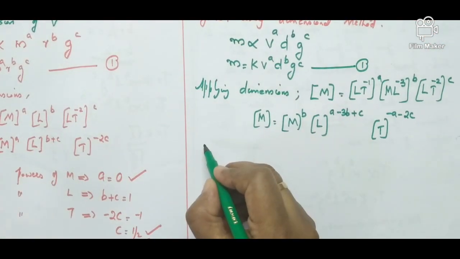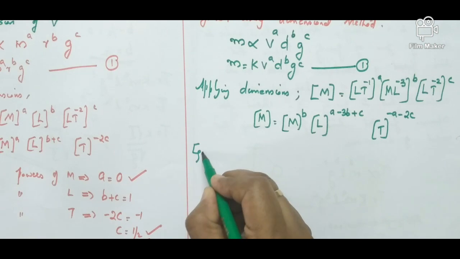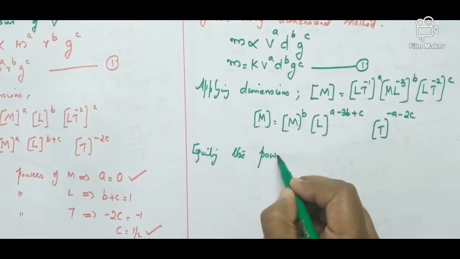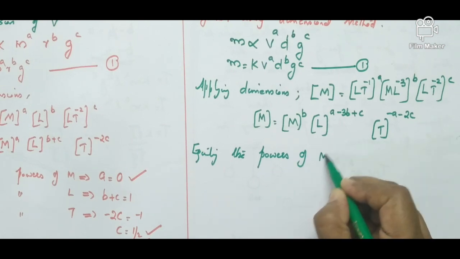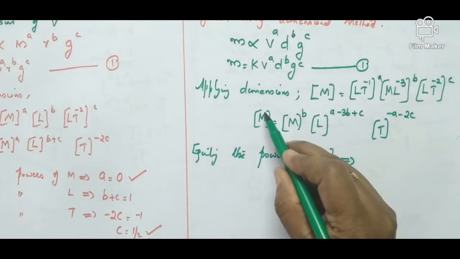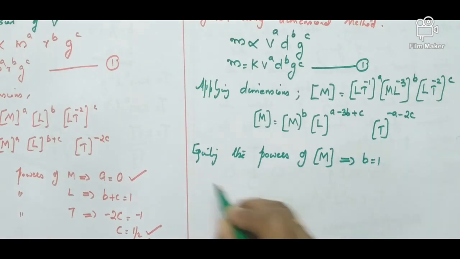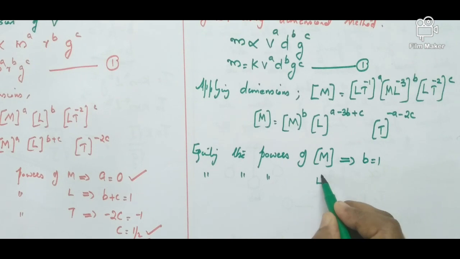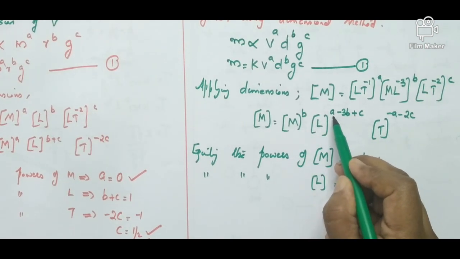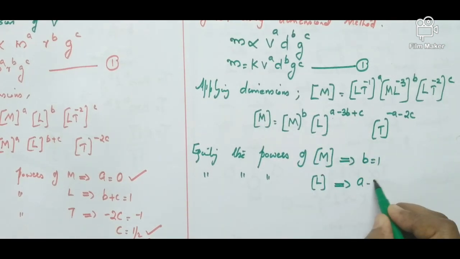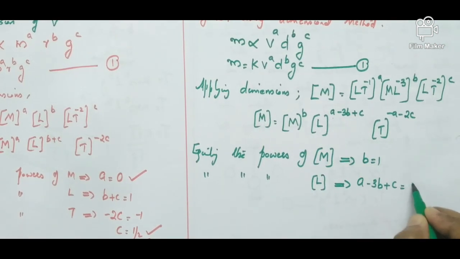Then equating the powers of mass, b equal to 1. Then equating the powers of L, a minus 3b plus c equal to 0.